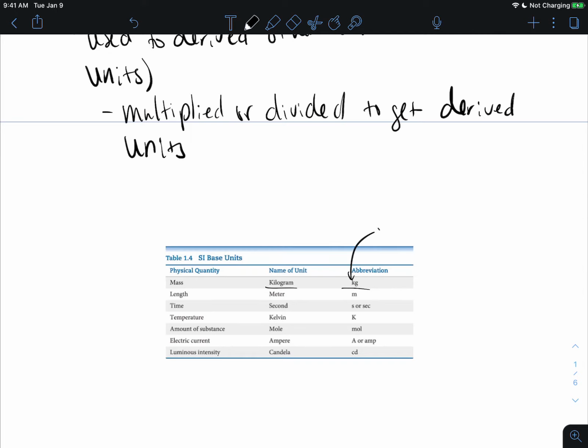All the rest of them don't have one. So length would be meter, time would be seconds. Temperature is Kelvin. Kelvin doesn't have a degrees because it is an absolute scale. And then amount of substance is the mole. Electric current and luminous intensity, the ampere and the candela, are not really used in this class, but those are SI units and you should be aware of those.